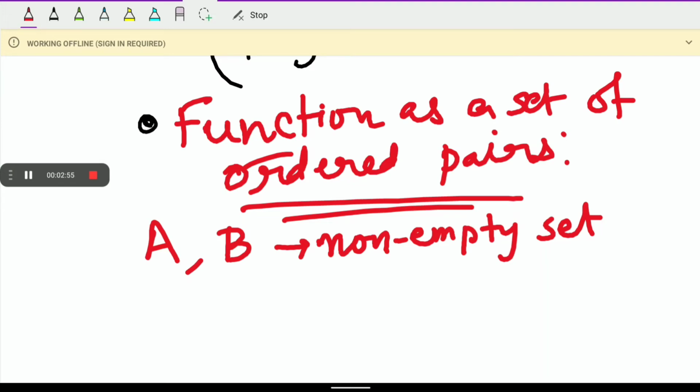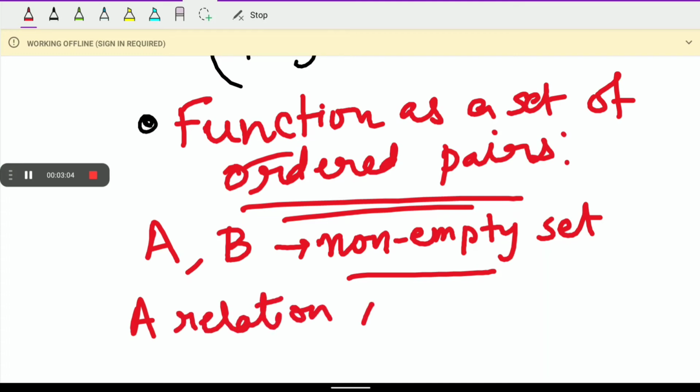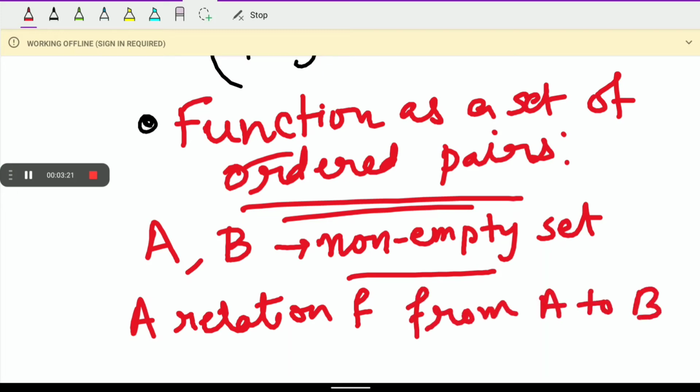So let A and B be two non-empty sets, and a relation F from A to B is a subset.